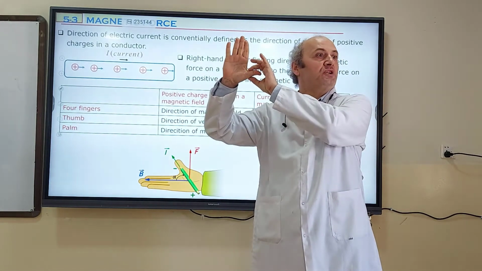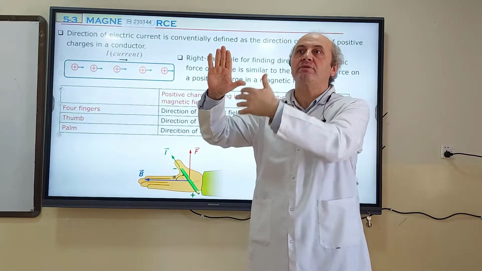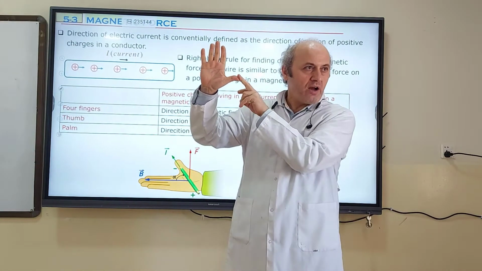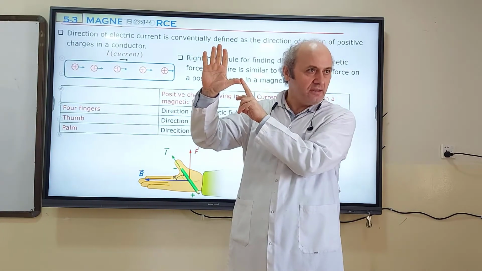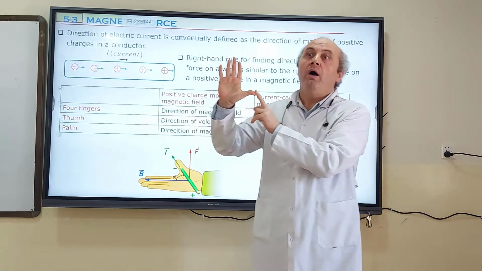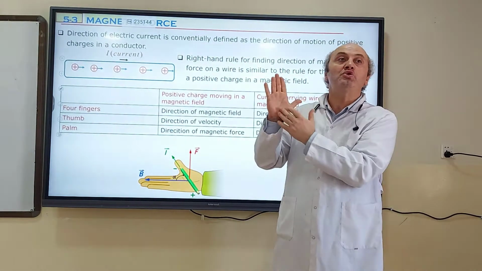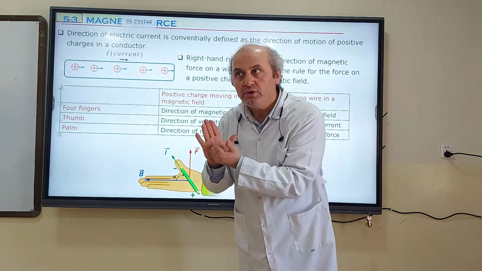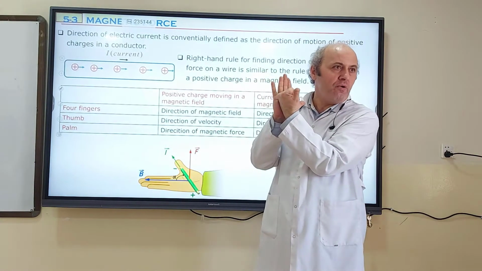Now it will be direction of the electric current, because we know that electric current is the motion of the charged particles. So this time now, thumb will show electric current, not V, not VI.